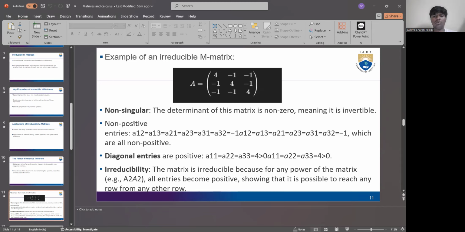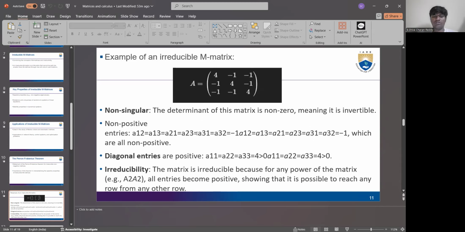Non-positive entries: A12 equals A13 equals A21 equals A23 equals A31 equals A32, which are all equal to minus 1, which are all non-positive, which means negative.